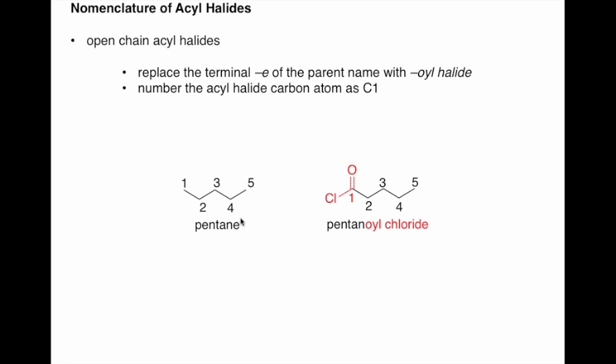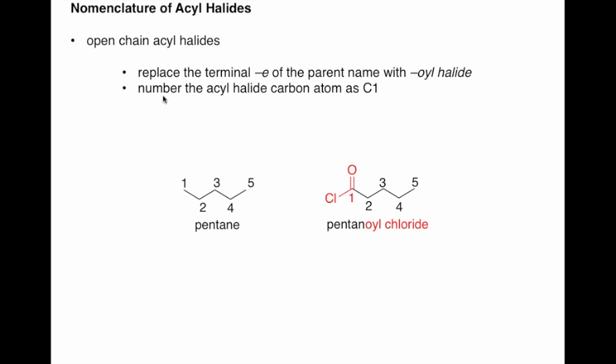We will drop the final E on that pentane name and replace it with oyl halide, whatever the halogen is that is attached to the carbonyl carbon of the acyl halide. In this example, there's a chloride attached to the carbonyl carbon of the acyl halide, so we refer to this as an oyl chloride, or pentanoyl chloride.